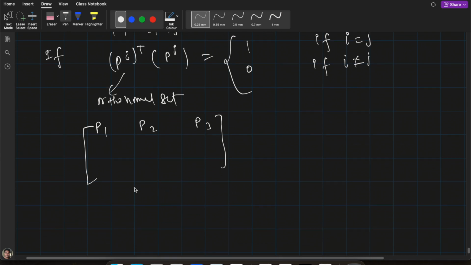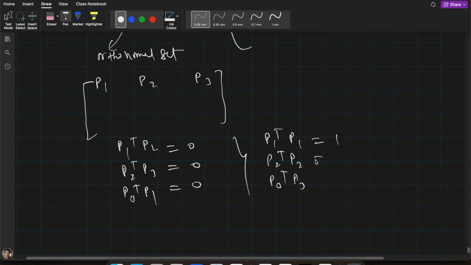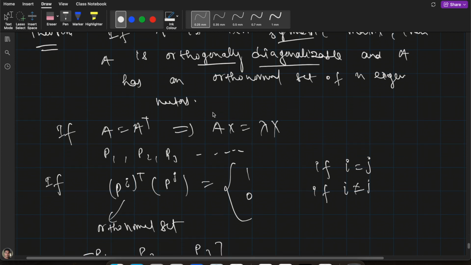So it is saying that if p1 transpose p2, p2 transpose p3, p3 transpose p1 equal to 0, and p1 transpose p1, p2 transpose p2, p3 transpose p3 equal to 1, then that set will be called an orthonormal set of eigenvectors.